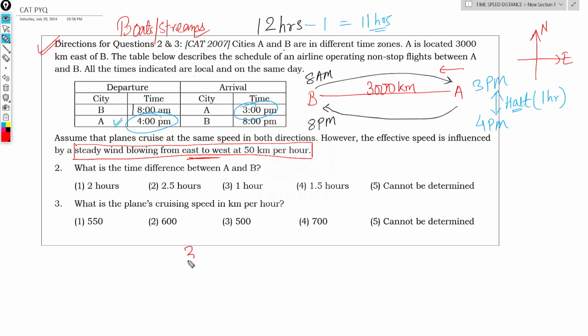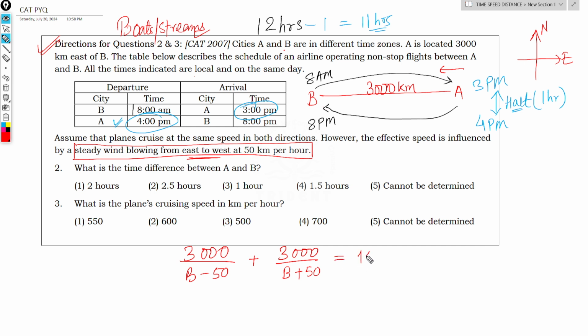So this is going to be 3000 by B minus 50, and the other one is going to be 3000 by B plus 50. What is the 50? That is the speed of the wind that is blowing, and B of course is the speed of the airplane.